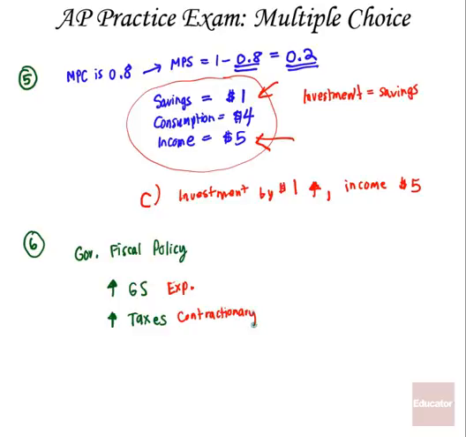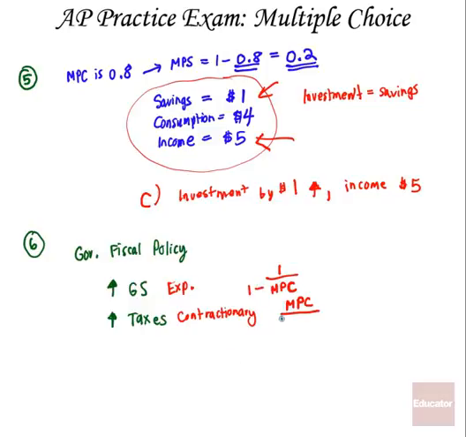However, under a Keynesian model there's a multiplier formula. The government spending multiplier is 1 over 1 minus MPC.